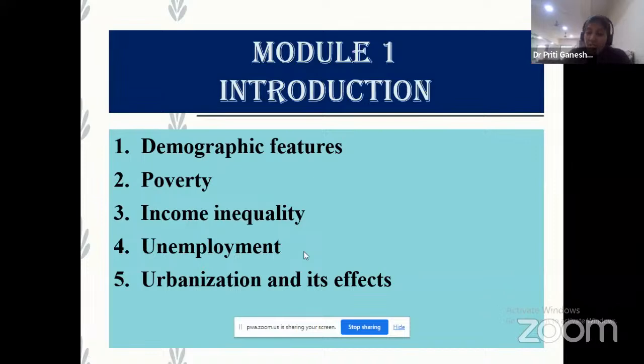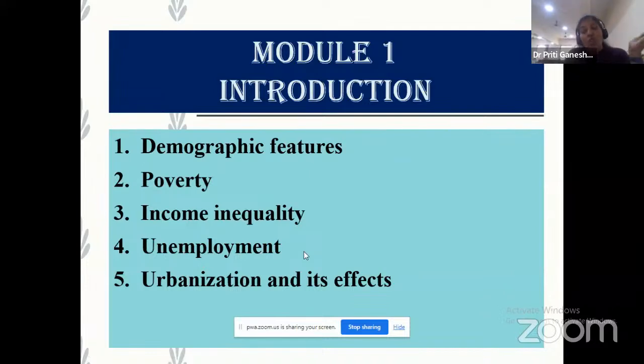Module number 1 covers 2 sub-modules: one is the introduction and the other is the agricultural sector. In the introduction you have 5 chapters: demographic features, poverty, income inequality, unemployment, and urbanization.